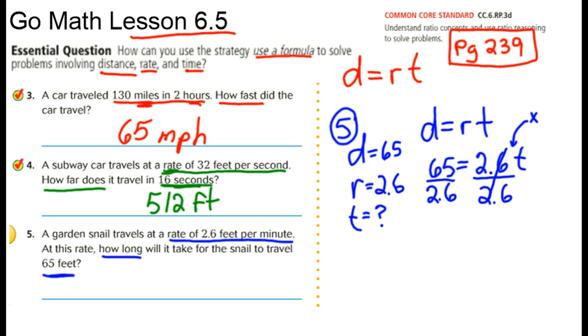This clears the 2.6 and drops the T. So our answer of 65 divided by 2.6 will be the amount of time that it takes the snail to travel 65 feet. When you divide 65 by 2.6, you will get an answer of 25. So, to finalize your answer on question 5, it will take the snail 25 minutes to travel 65 feet.